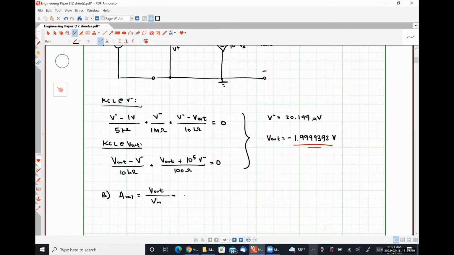So this is simply negative 1.9999392 volts per volt.